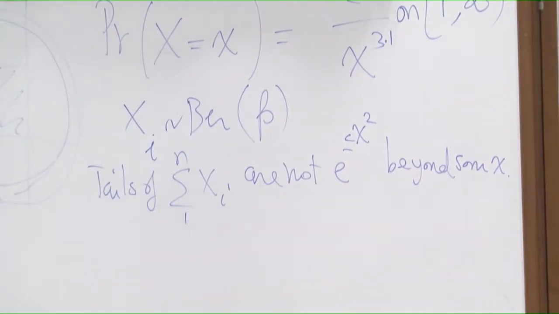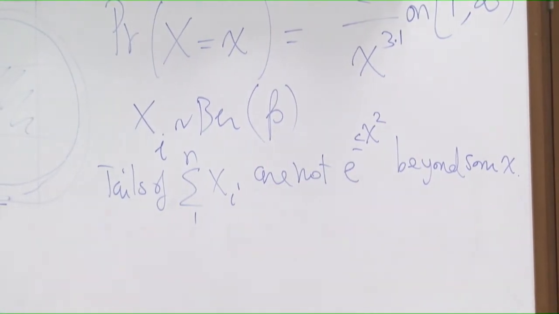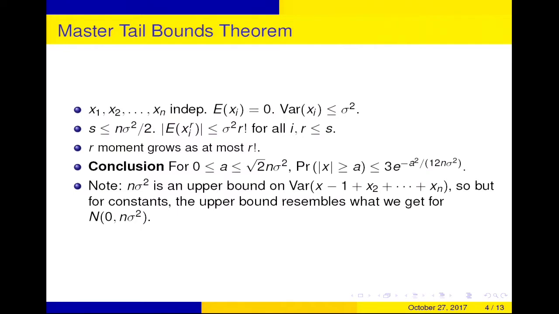So for very large deviations, you get only simple exponential bounds. That's always going to be a problem. Again, that requires a calculation. Actually, it doesn't require too much of a calculation.